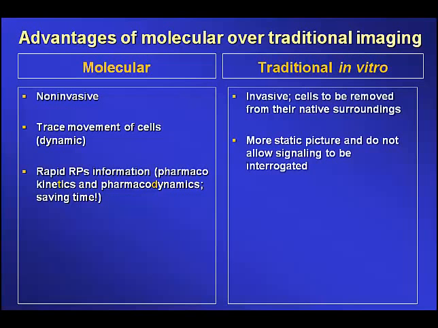So molecular imaging will give us an idea better than the traditional in vitro. In vitro, we cannot do anything about this. Also, in molecular imaging we can repeat animal studies in the same animal itself, so we can save time, save animals, and so on. While with the traditional in vitro, we cannot do this.